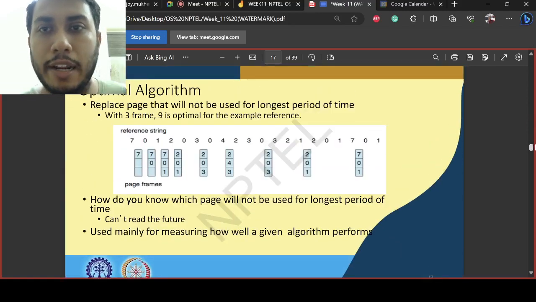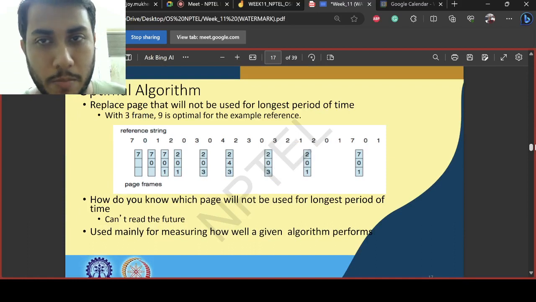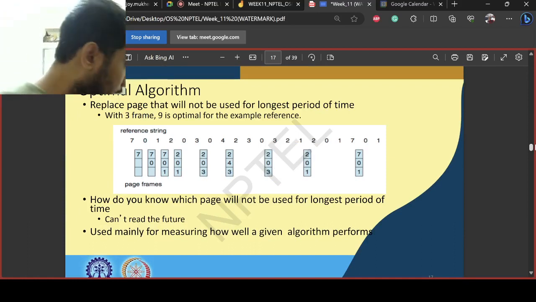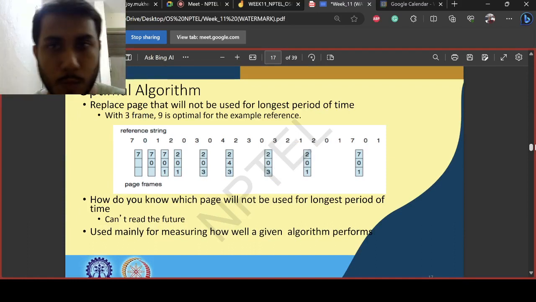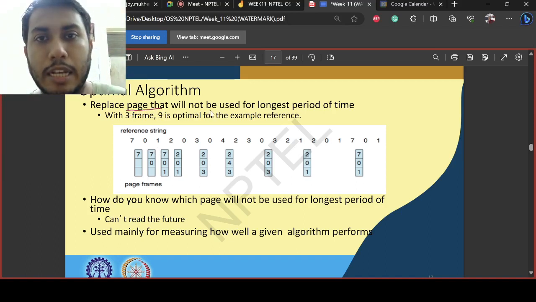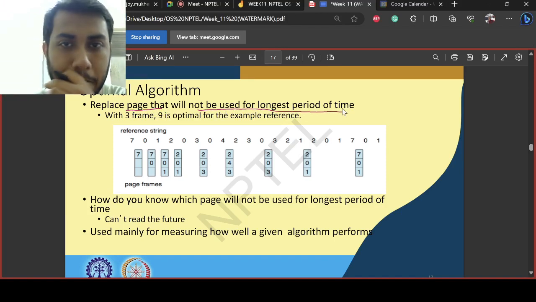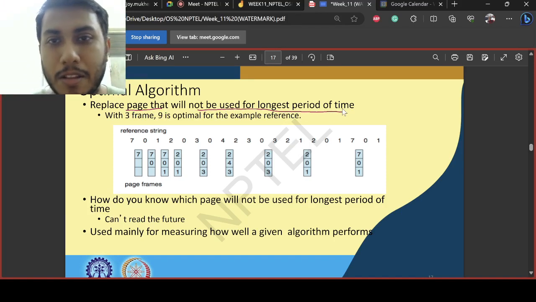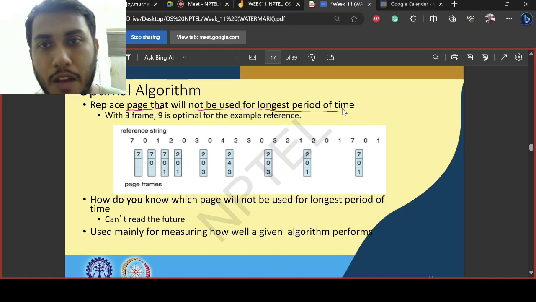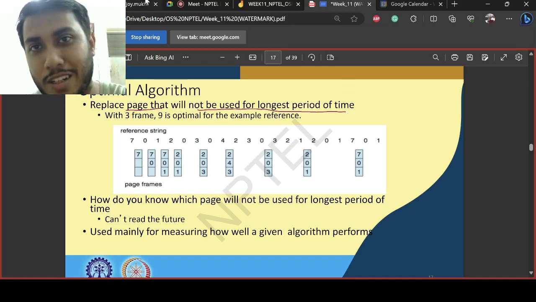So let us look at an optimal algorithm. So in this algorithm, what we do is we replace the page that will not be used for the longest period of time. Okay, so what does this mean is we will predict the future.